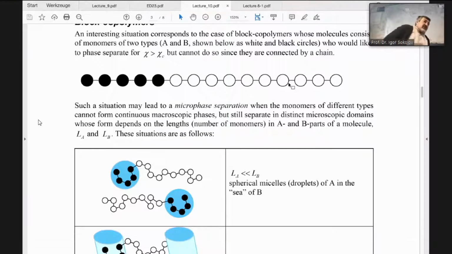And they would prefer to build such a structure in which the total free energy is minimized, which means in which, to some extent, there is the smallest surface of phase separation, the smallest surface around which A's and B's can touch, because there the internal energy increases.